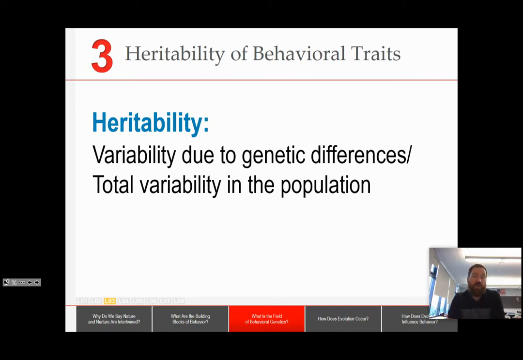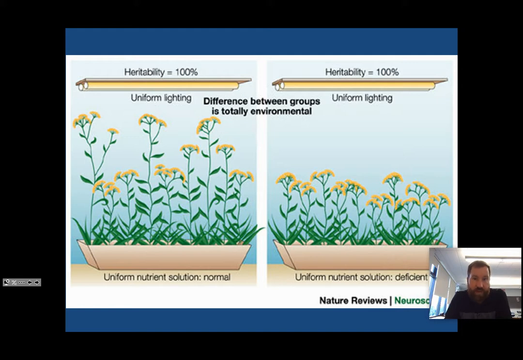So let's look at one of the most common pictures that is used to talk about heritability, and it's these plant things. Okay, so imagine in a lab setting, you've got nutrients, whether it's good soil or bad soil, but it's uniform in the soil. You've got uniform lighting, so plants are all getting the same lighting. And you're going to have different plants grow to different sizes, okay?